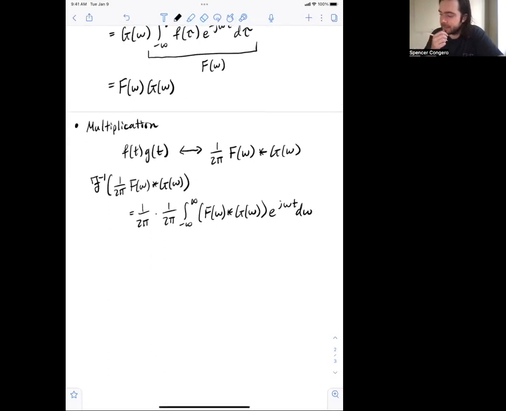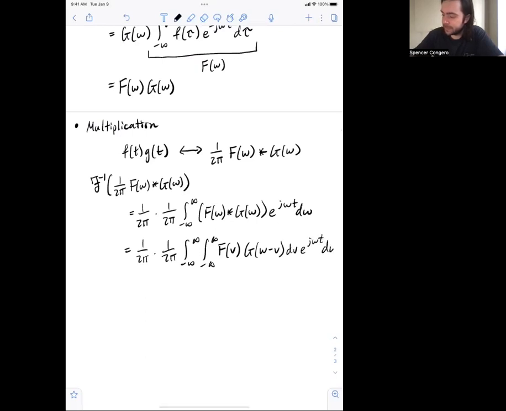So we have that term, and now we're going to proceed in a pretty similar way. We're going to plug in for what that convolution is. So what is this convolution? Well, again, it's an integral, and now I need a new variable. I'm just going to use v. We're going to have F of v, G of omega minus v, dv, and then e to the j omega t d omega.